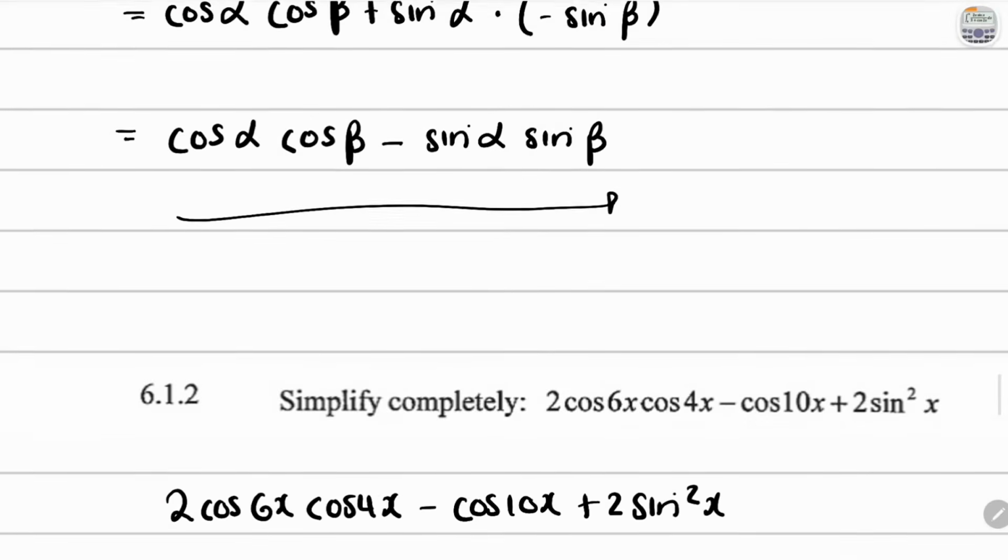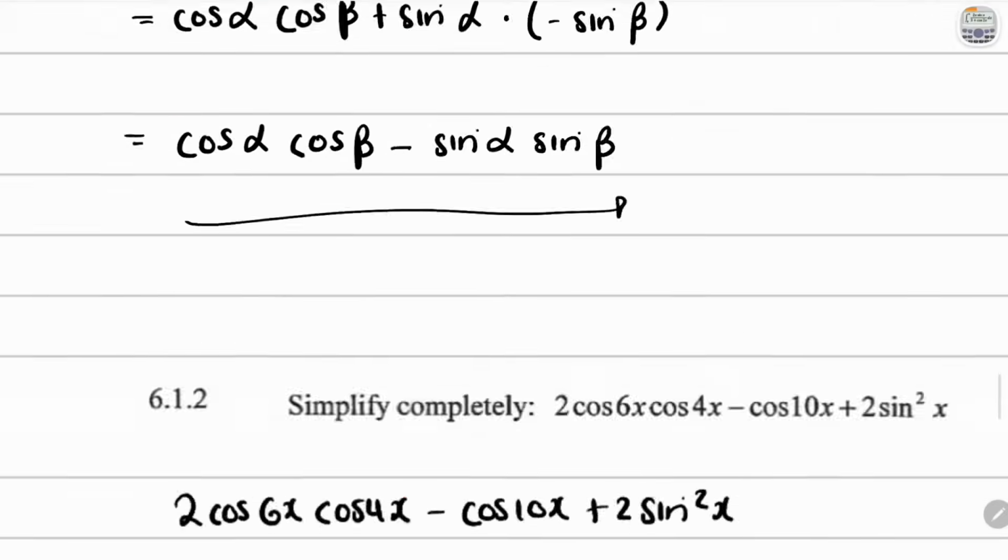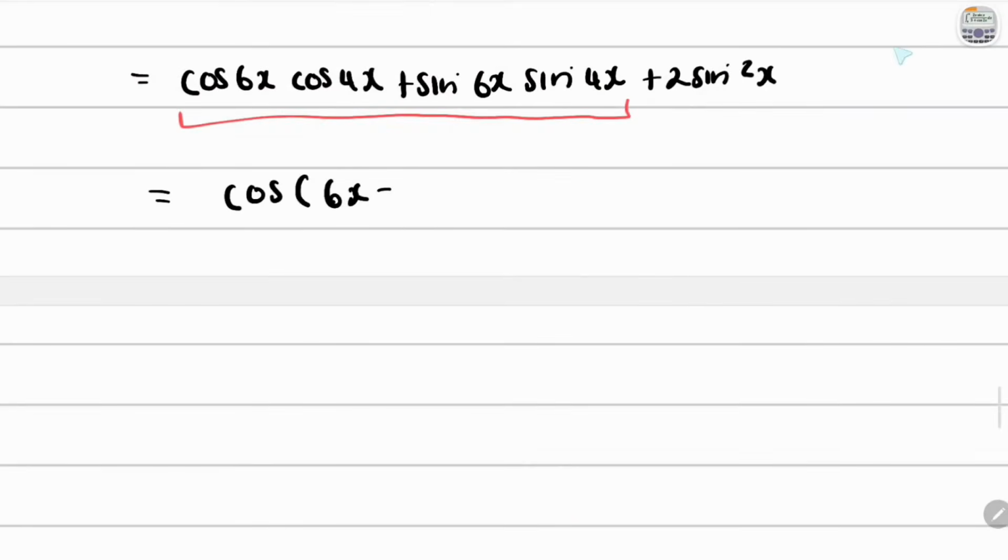It's like the one that we derived from, okay, this one. So they already have that there. And this is equal to, and then minus 4x. Then we just have a plus 2 sine squared x.